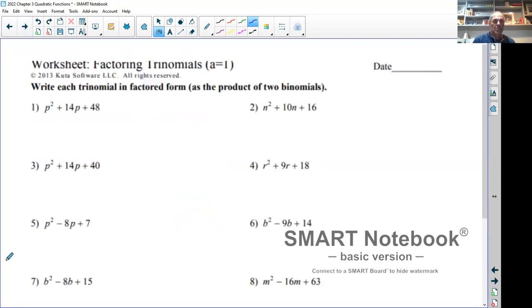All right, so here's what your homework looks like. I think we're doing all 18. You notice the lead coefficient is 1, 1, 1, 1, 1, 1, 1. If you're looking at number 4, you're going to multiply to 18, add up to 9. You go through and you get 3 and 6. (r + 3)(r + 6). So you got this.